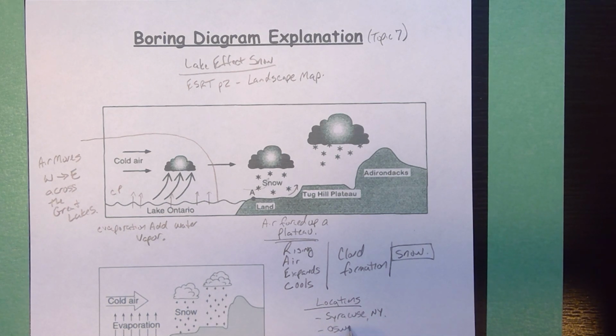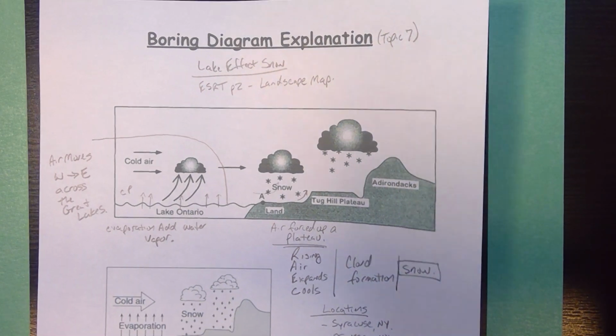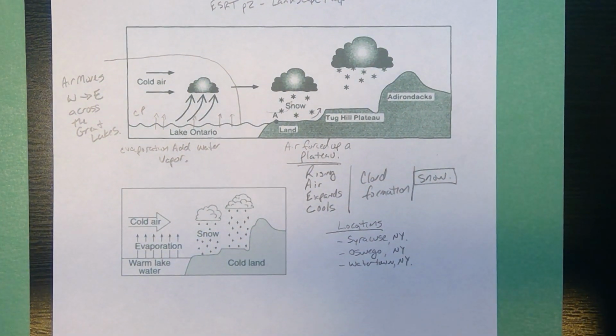Other places like Oswego, New York, and Watertown, New York are also going to get lake effect snows that are associated with Lake Ontario.